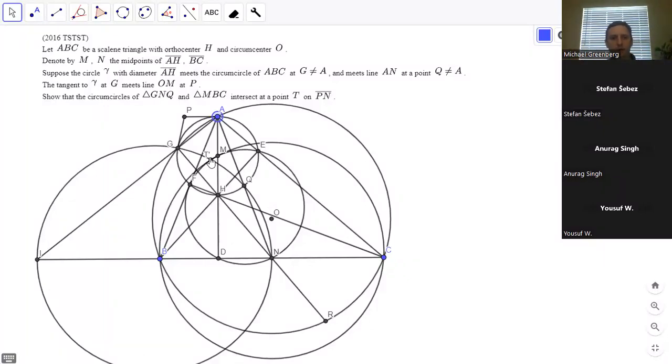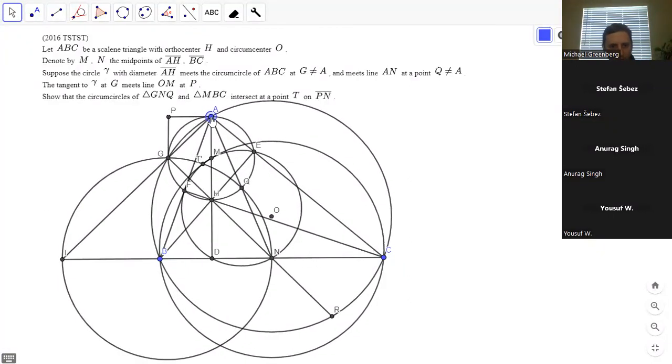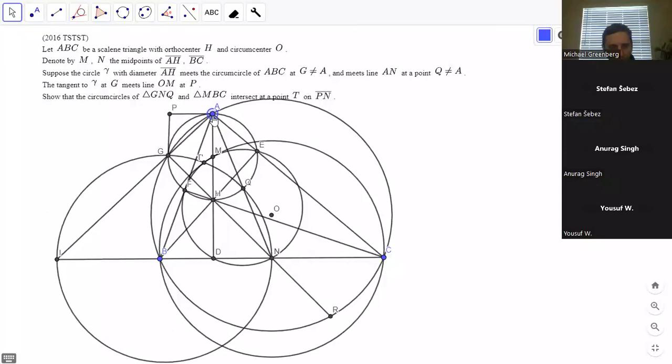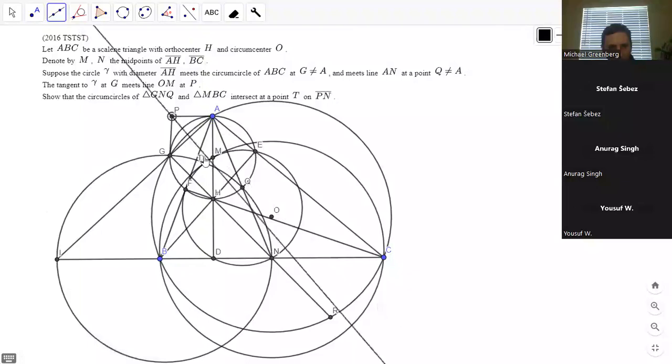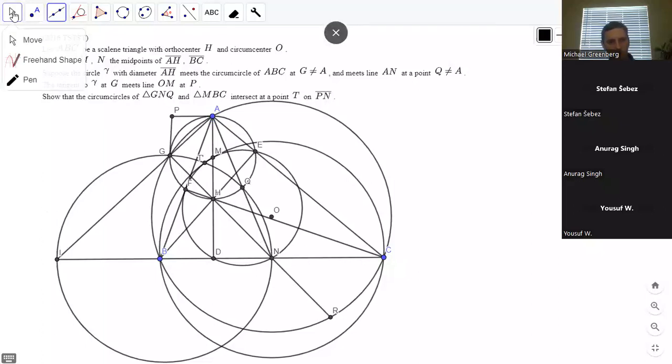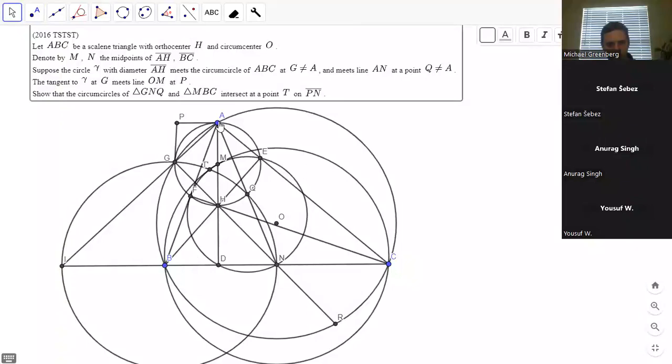Okay. Is it obvious that these three concur at the same point? Wait, is P, T dash and N collinear? Is what? P, T dash and N. The concurrence point or the circle. Yeah, they are. So we can find a way to replace P by T dash if we prove that these three circles are concurrent. Then that's basically okay.